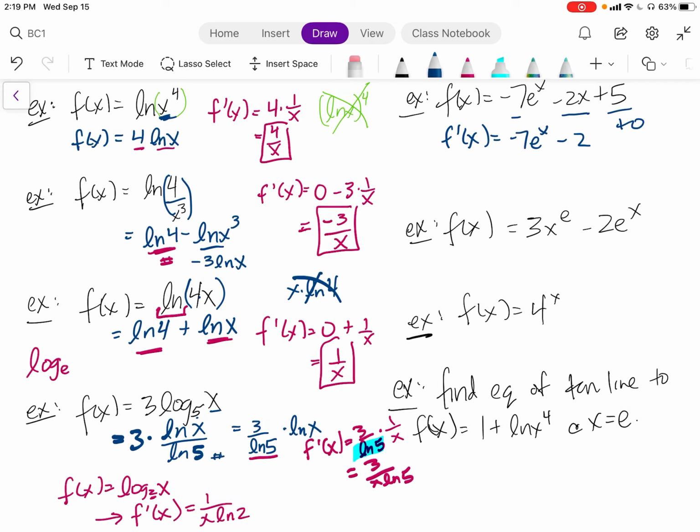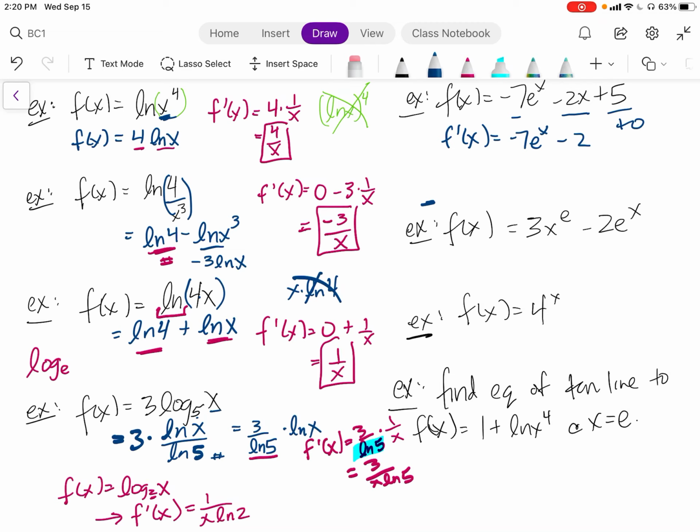I'm leaving myself a little bit of room here because I want to explain something here in just a second. But let's look at this next example. Remember that e is still a number. It's an irrational number, but it's a number. It's like pi. E is approximately 2.72, I believe.